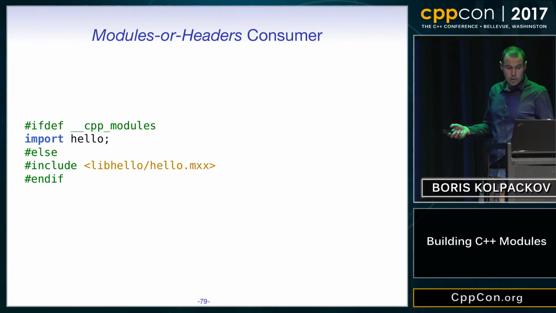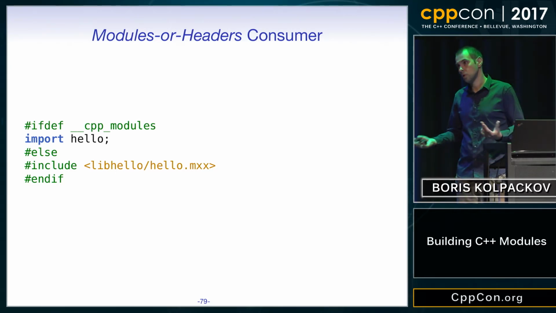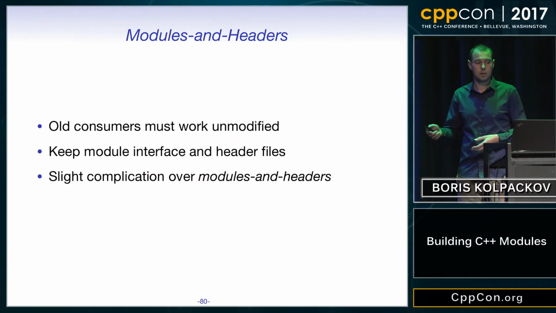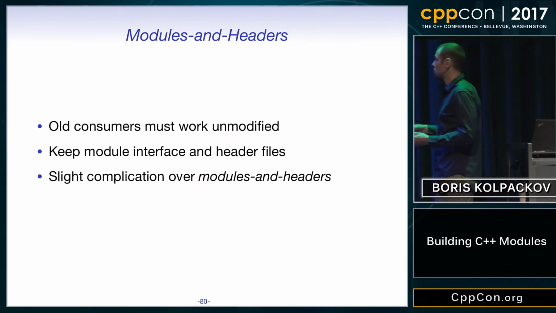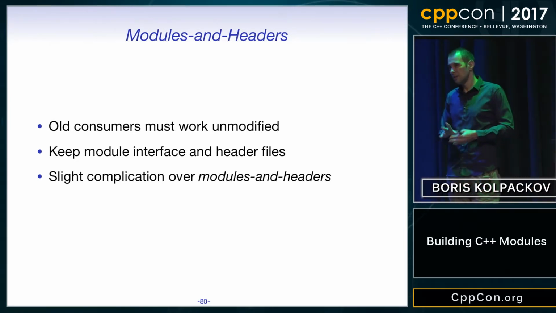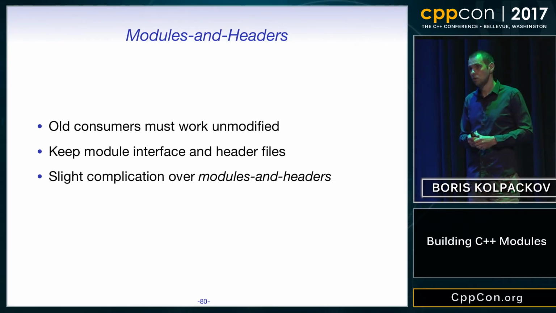So the adjustments to consume are straightforward. We import if modules are available. We include the interface unit as a header if they are not. The last level, you would imagine this thing gets really ugly, and there's a bit more preprocessing involved, but we can actually tweak the previous model to work without too many changes.